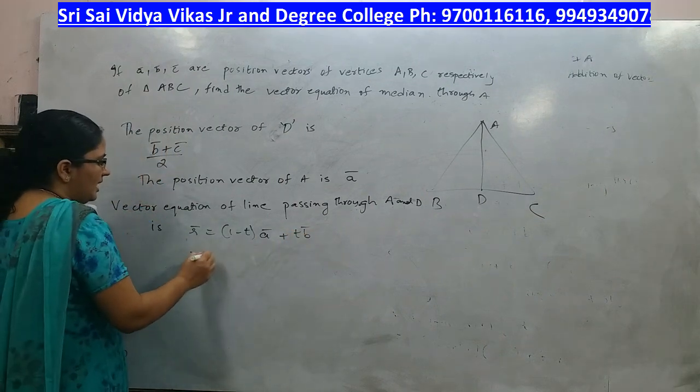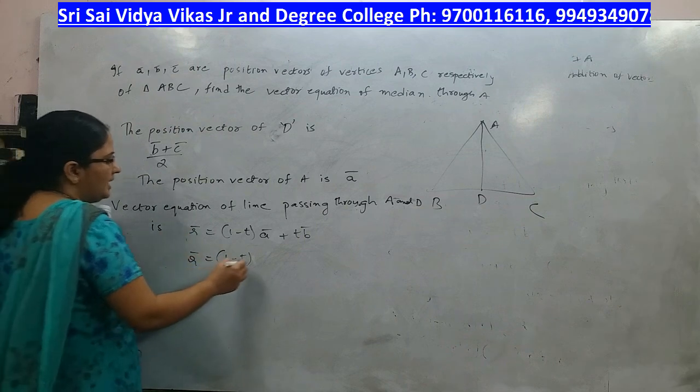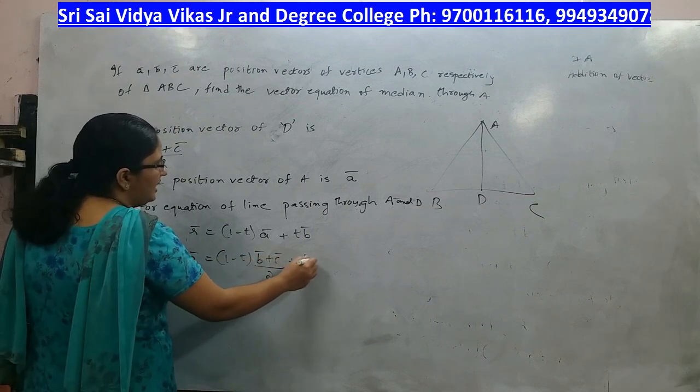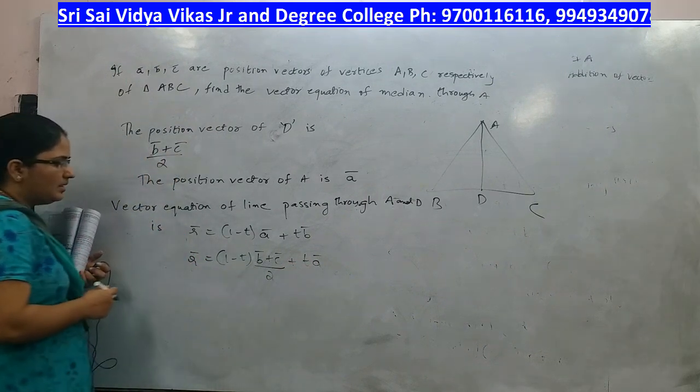So that is nothing but R bar is equal to (1 minus T) A bar plus T into (B bar plus C bar) by 2.